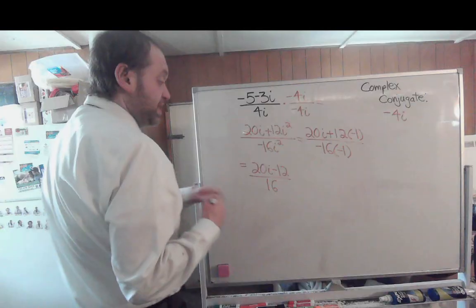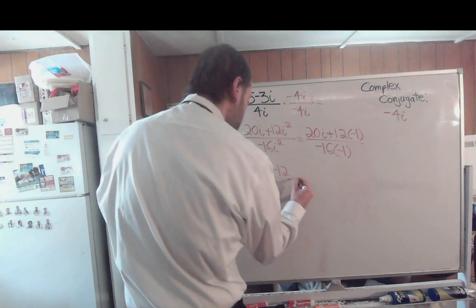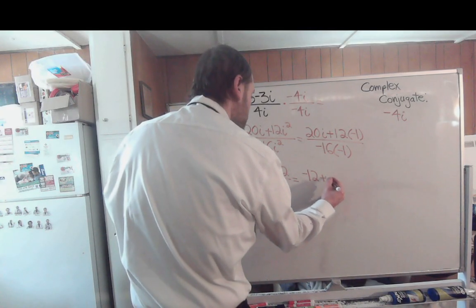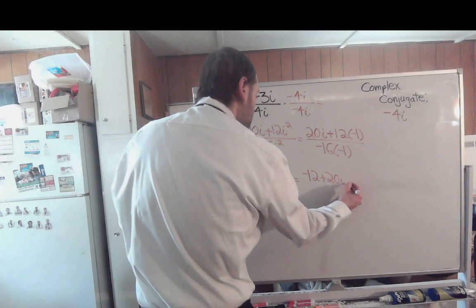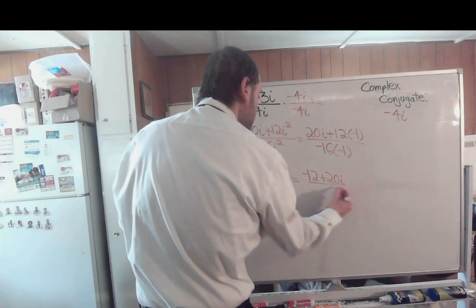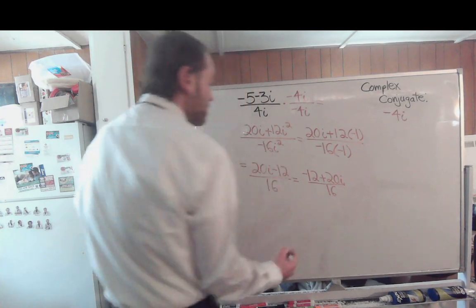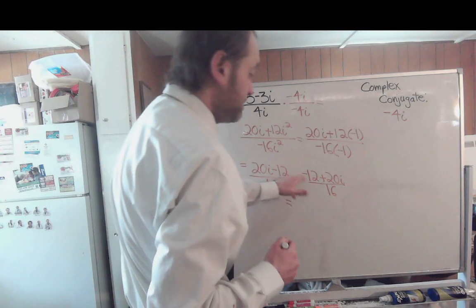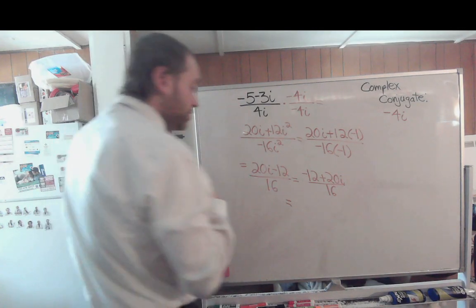We need to write the numerator now in standard form. This would give you negative 12 plus 20i all over 16. Everything in the numerator and denominator has a common factor of 4.